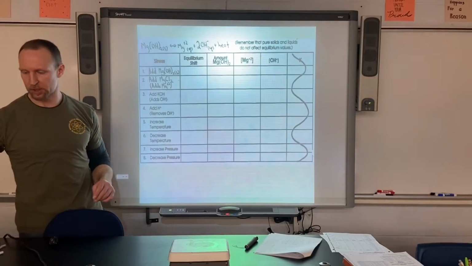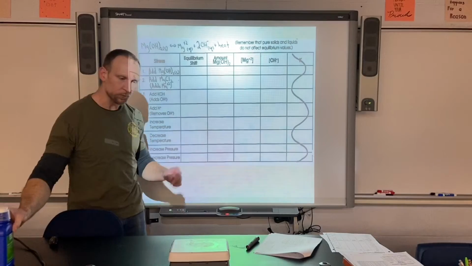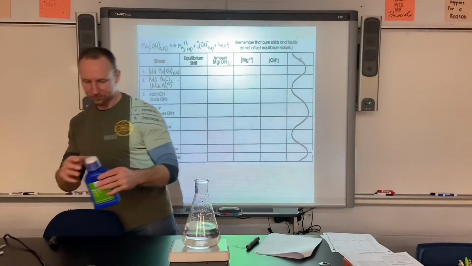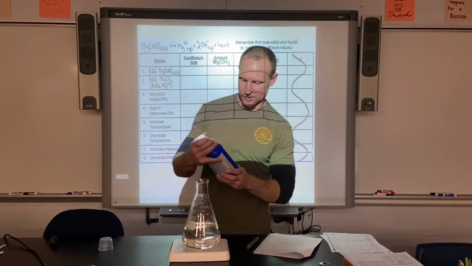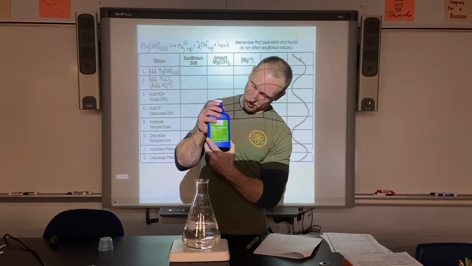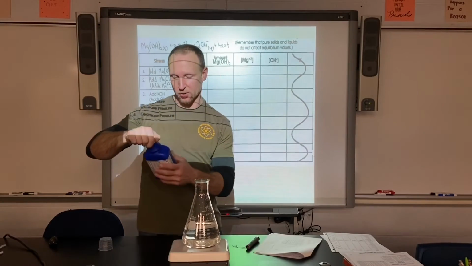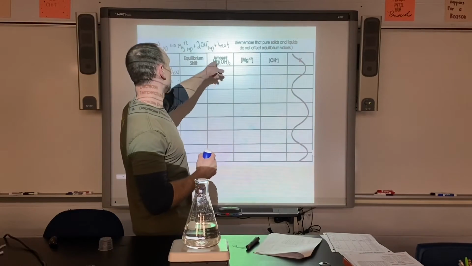So let me show you my example here. I got some water. And then this stuff is some milk of magnesia, only the finest. I'm going to use this for my demonstration because it is magnesium hydroxide.